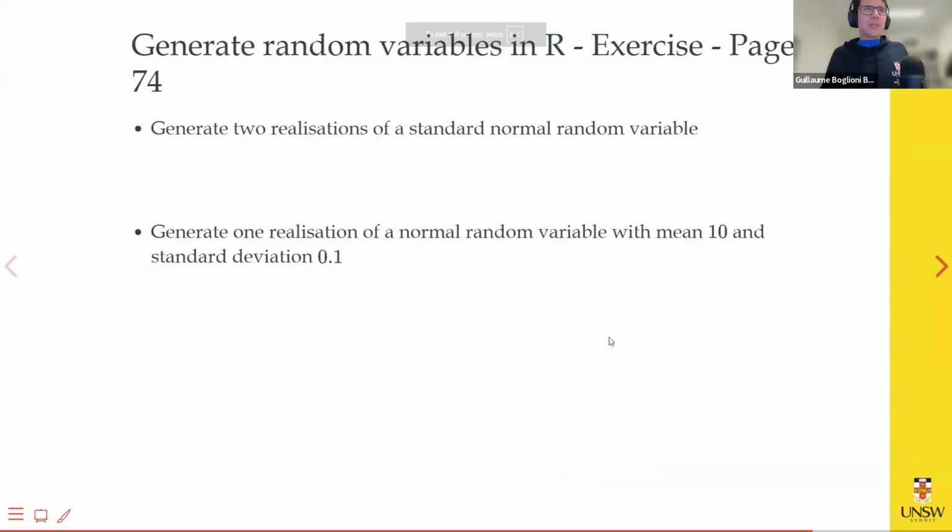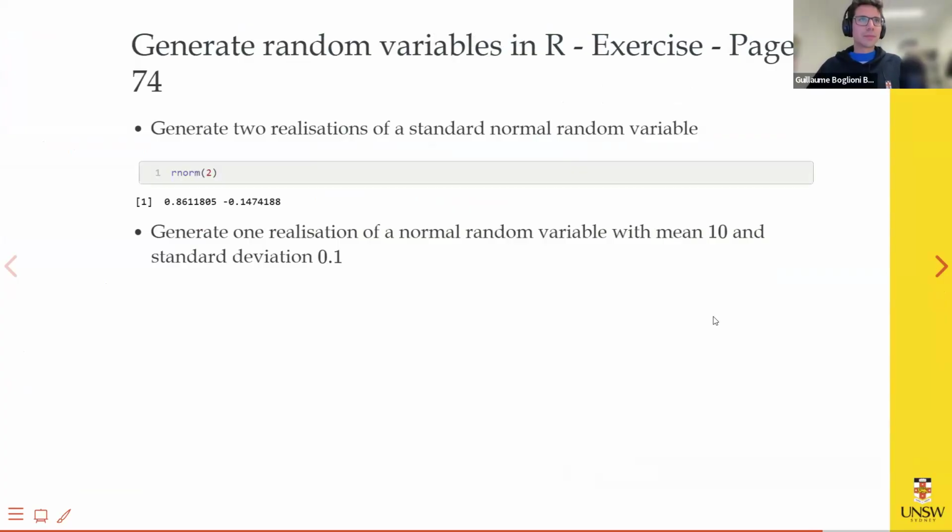Okay, exercise for you. Generate 2 realizations of a standard normal. Okay, should be straightforward. We just did it. Generate 1 realization of a normal random variable with mean 10 and standard deviation of 0.1. Okay, so again, this highlights a behavior of R. Some arguments have default values.